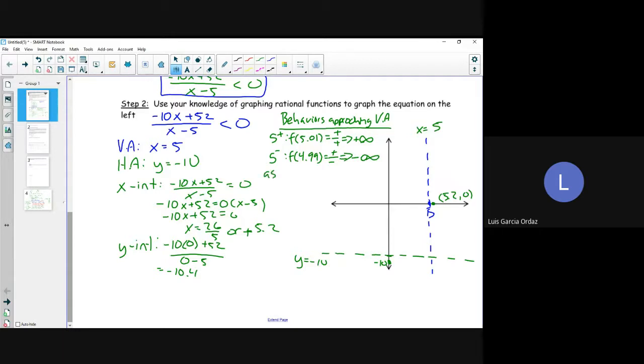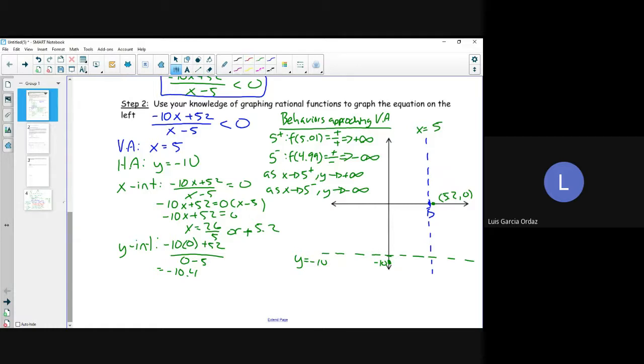So as x approaches 5 from the right, y approaches positive infinity. And as x approaches 5 from the left, y approaches negative infinity. So now, given this information, we can now determine how to sketch this graph out.